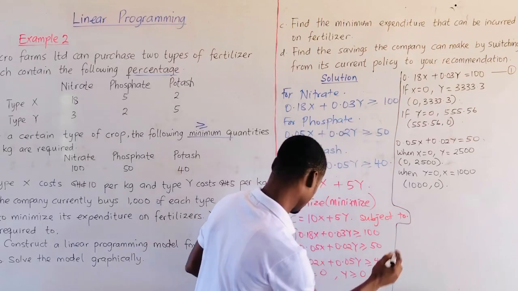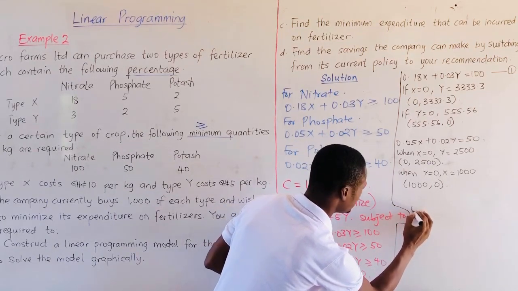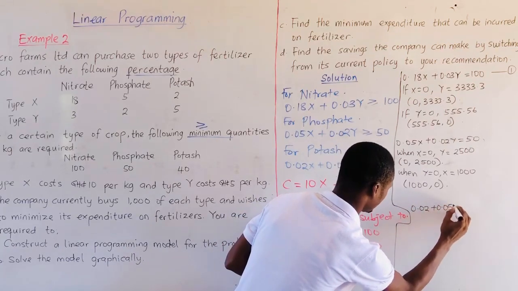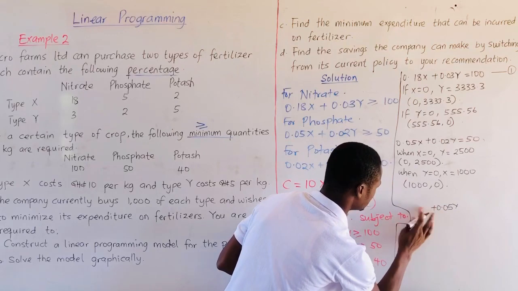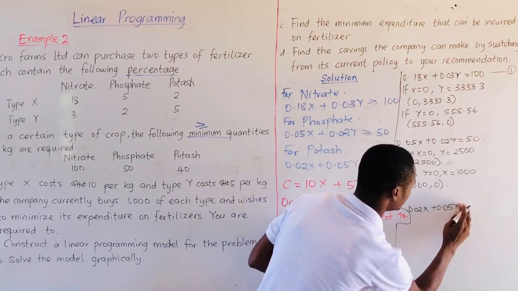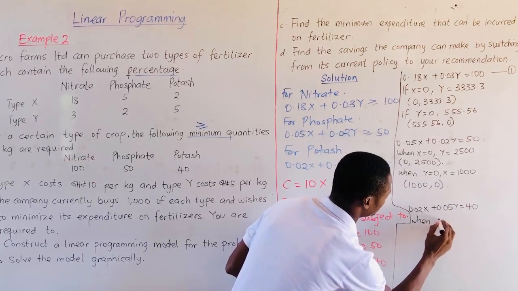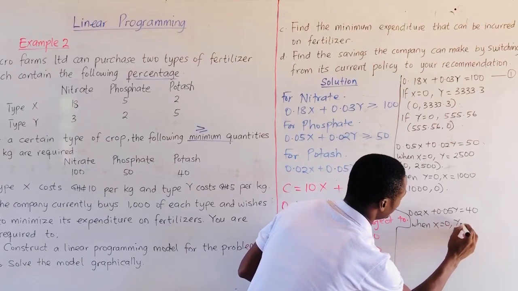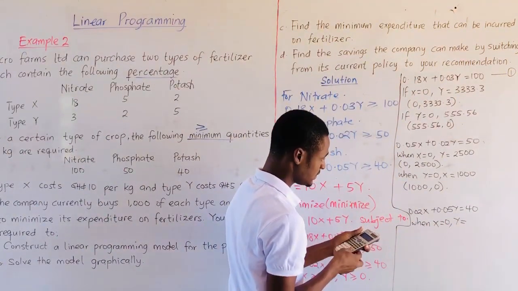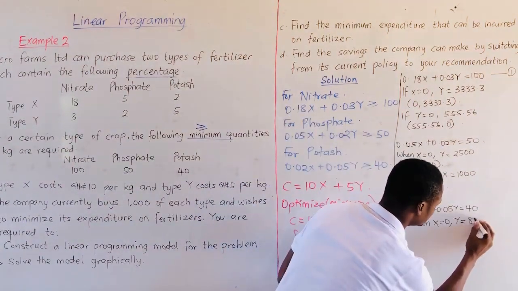Then for equation 3, which is 0.02x plus 0.05y, and that is equal to 40. So when x is equal to 0, y will be 40 divided by 0.05, and that gives us 800.